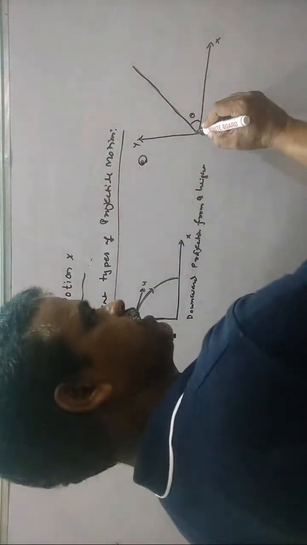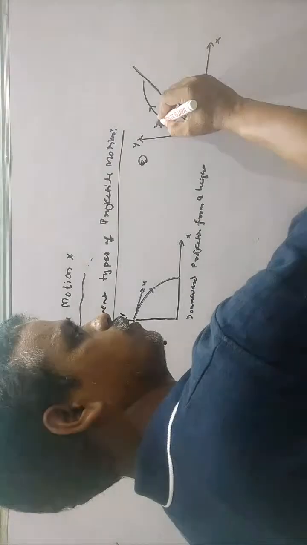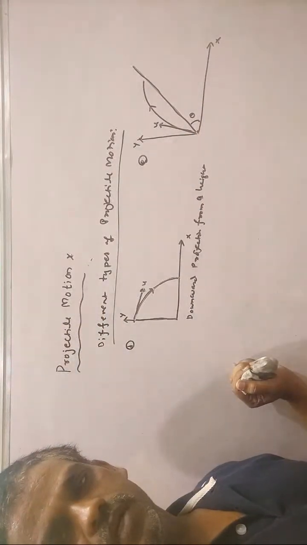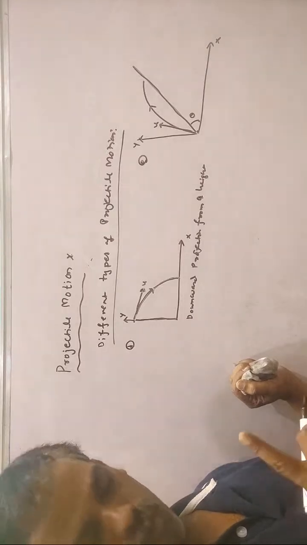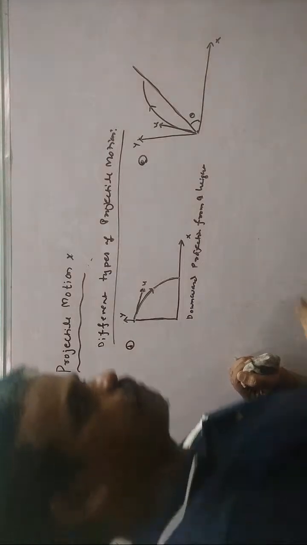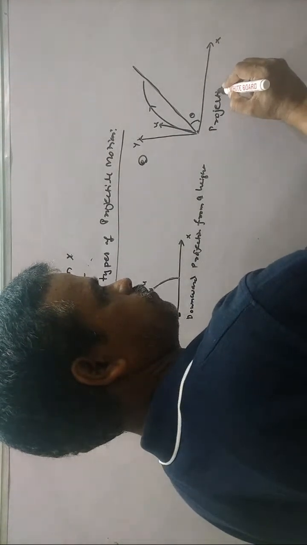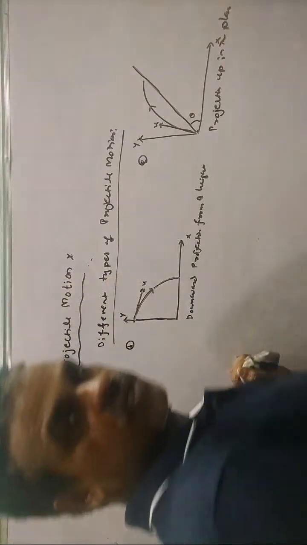We are projecting like this with initial velocity. In two-dimensional motion, this is one more type: projection up in the plane.